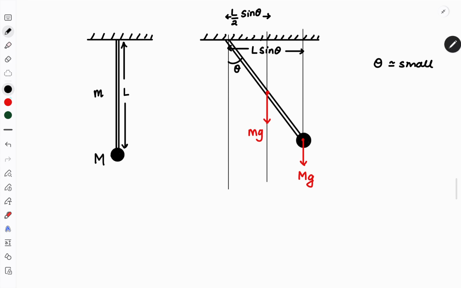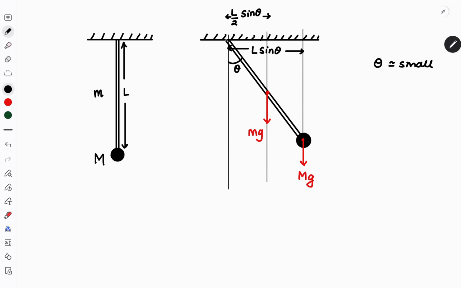So over here we have stated that the mass of the rod or the weight of the rod is at the center of mass point mg, which is at a distance L by 2 from the fixed end, and hence this distance will become L by 2 sine theta. Similarly, the total length of the rod is L, at the end of which a capital Mg mass or the heavy bob is suspended.